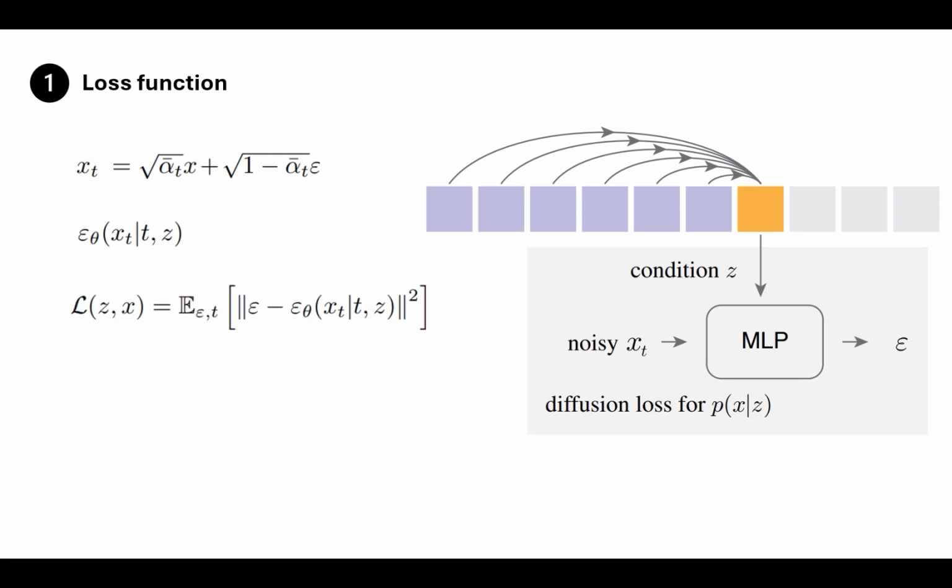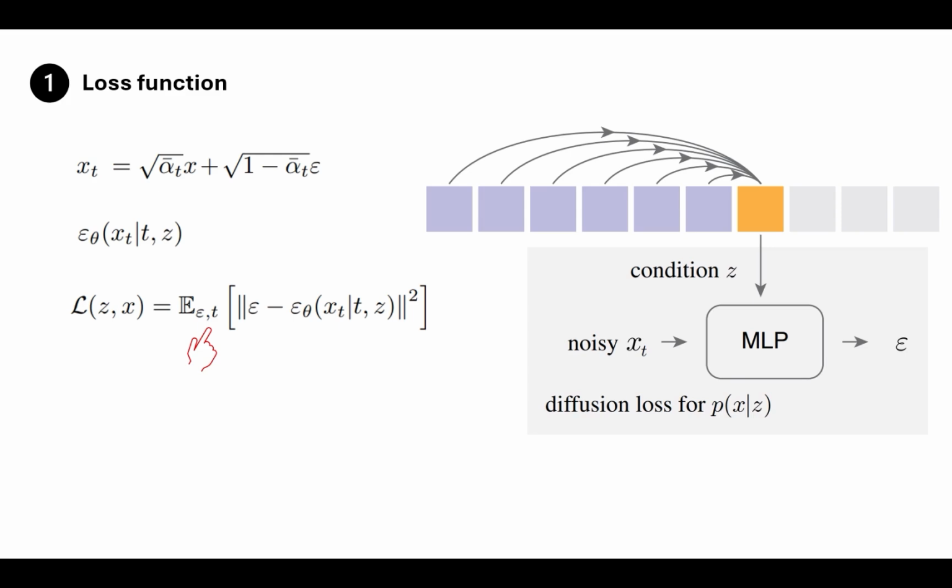And then the loss function would be this expectation where we compare the output of our model epsilon theta with the ground truth epsilon to see whether it can predict the underlying noise or not and penalize it if it can't. But note that this expectation is over epsilon and also time step t.